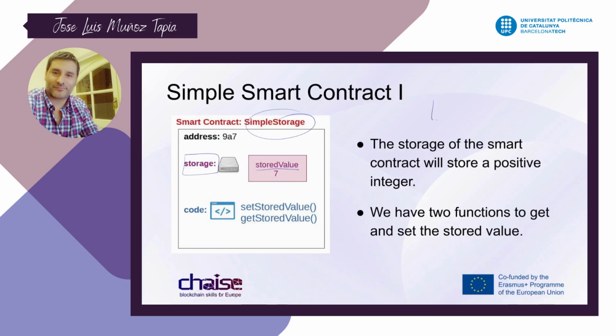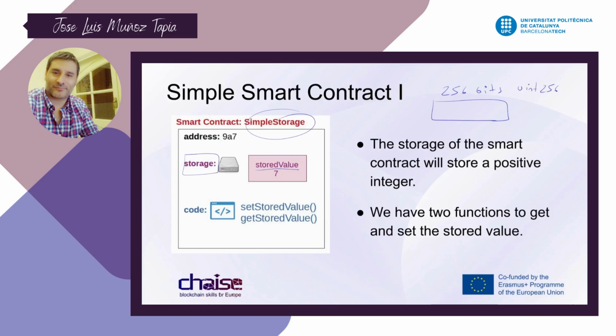Slots of storage in Ethereum are of size 256 bits, and I'm going to interpret these 256 bits as a number without sign. This is an unsigned integer, uint of 256 bits.